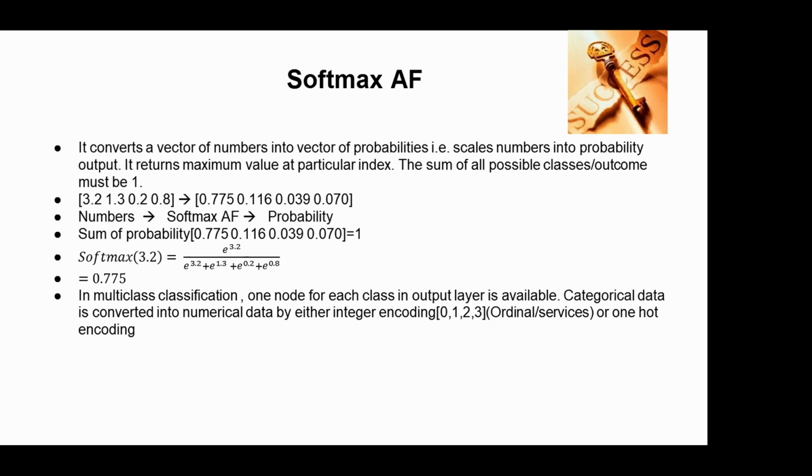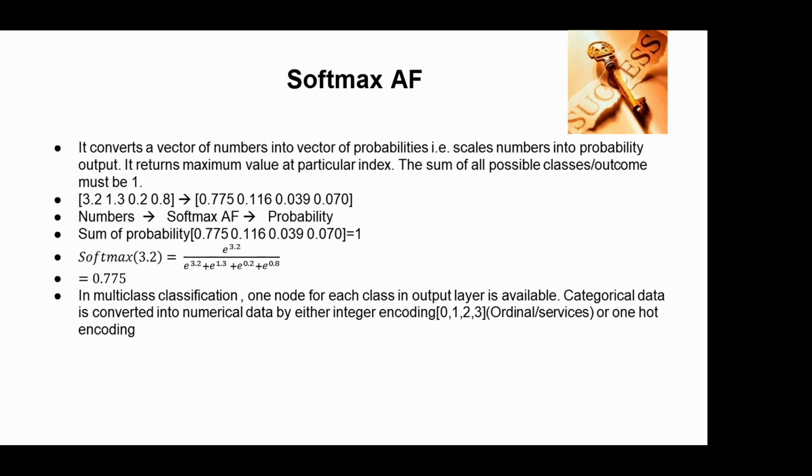Then we have to convert these numbers into probabilities, because we are normalizing the range of these numbers into 0 to 1. The sum of all possible classes of the outcome must be 1. That is, now 0.775, 0.116, 0.039 and 0.07. The sum will be 1.